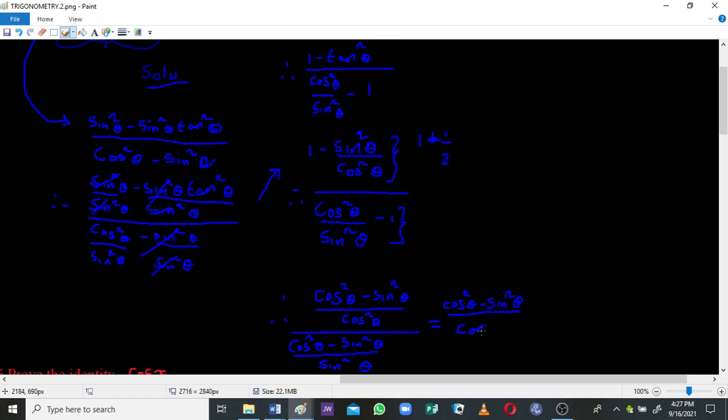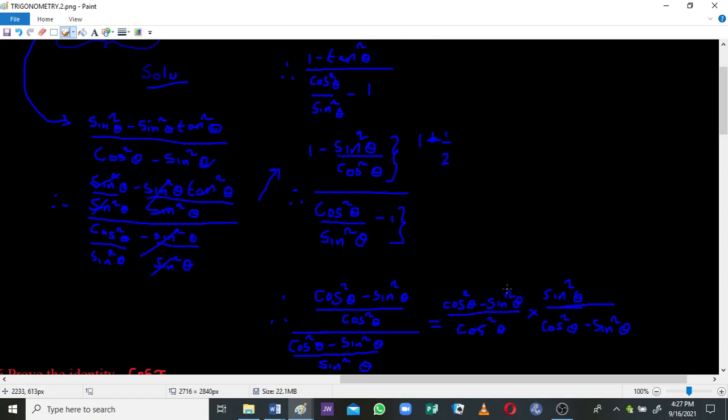Now we can multiply, and when we multiply, we are going to have sine squared theta, right, over cos squared theta minus sine squared theta, right? So this is what we are going to have here.